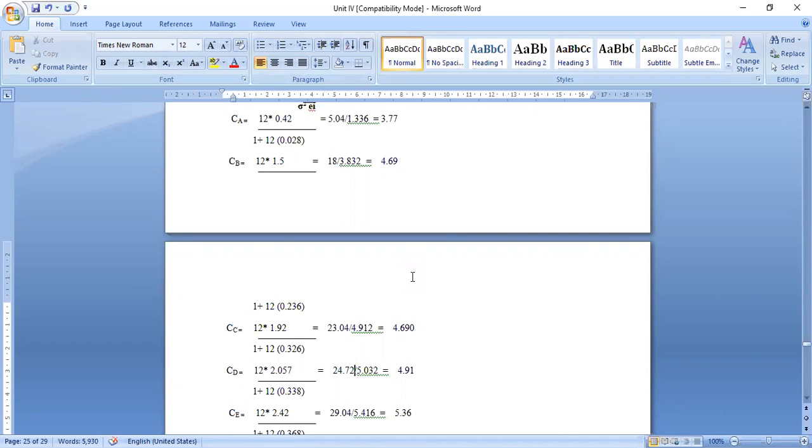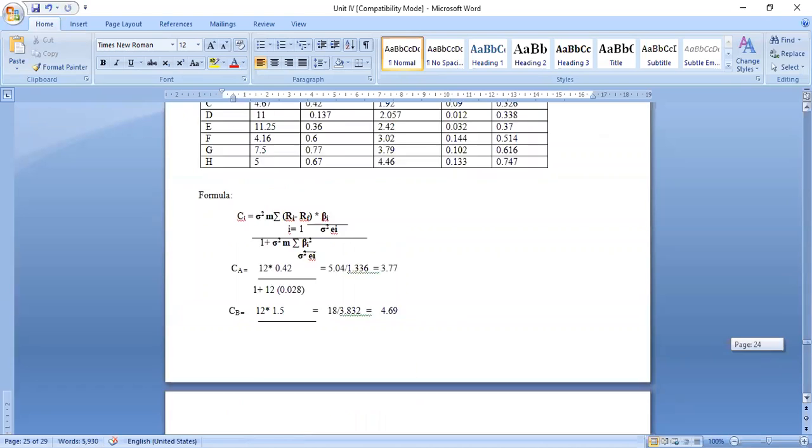So 12 into 2.057, 24.68, and then 12 into 0.338 plus 1, 5.056. So 24.68 divided by 5.056 will give us 4.88.